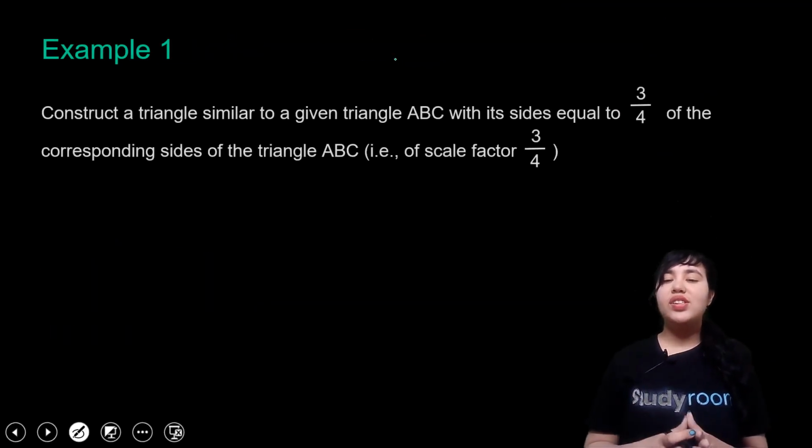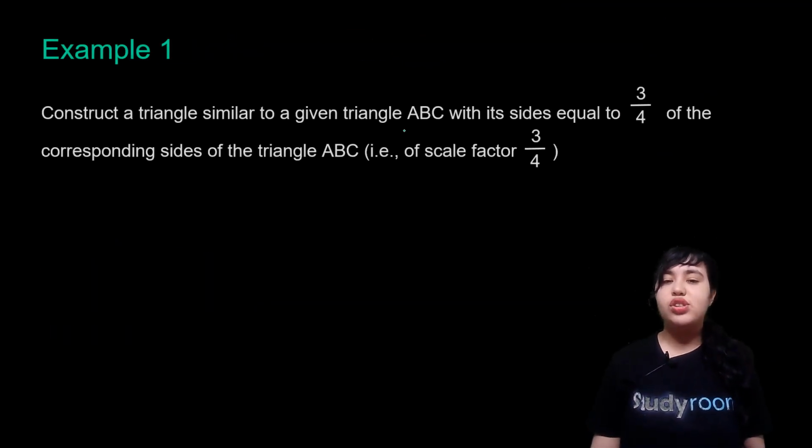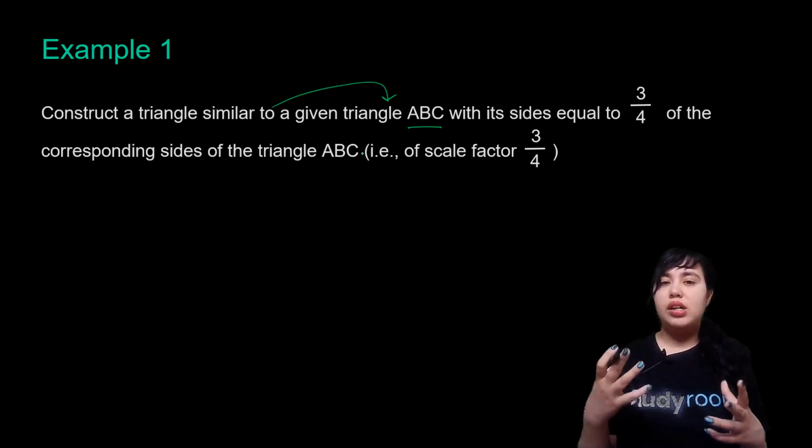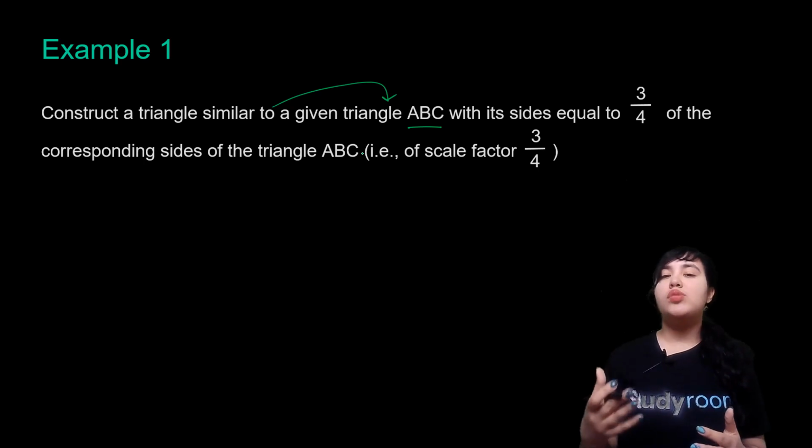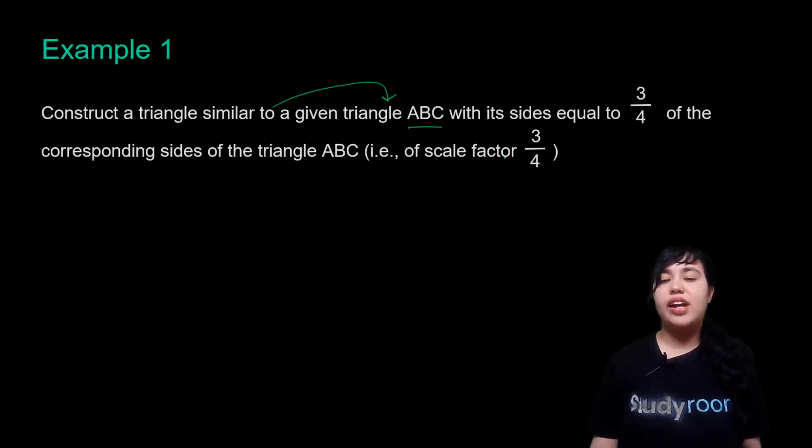We'll understand this through examples. You have been given a triangle ABC, and now you have to construct a triangle similar to this triangle with its sides equal to 3 by 4 of the corresponding sides of the triangle ABC. This means that if two triangles are similar, then the ratio of the corresponding sides is 3 by 4. This ratio of corresponding sides is also referred to as the scale factor. So your scale factor is 3 by 4.